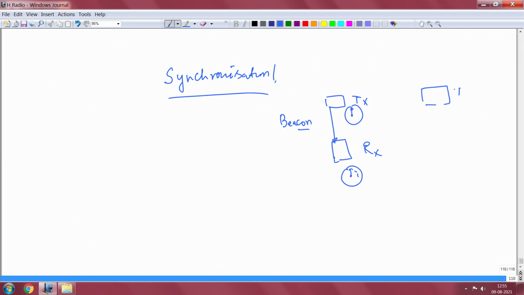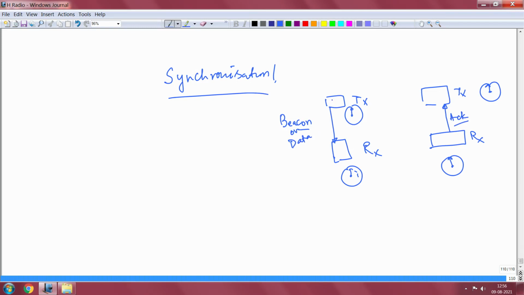You can have one clock here, this guy will also have his own independent clock. Now, the ACK packet which goes in this direction, unlike this which can be either beacon or data packet, here you are getting only ACK, okay.